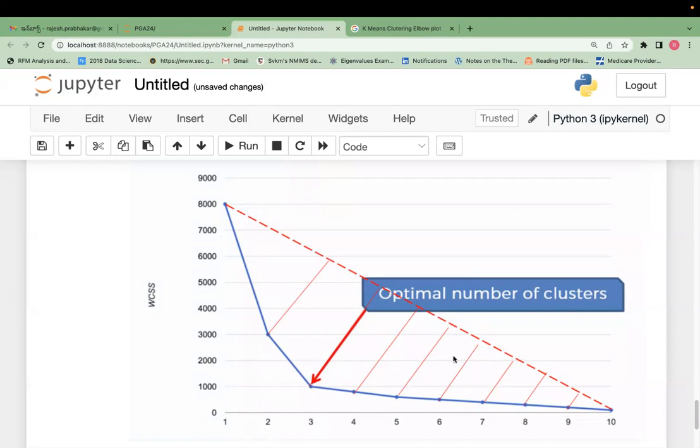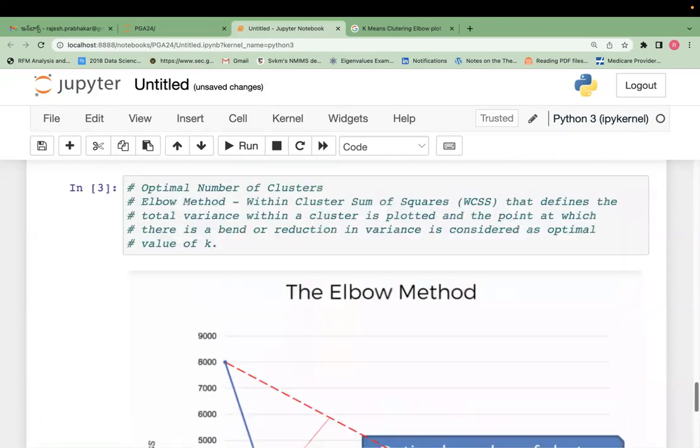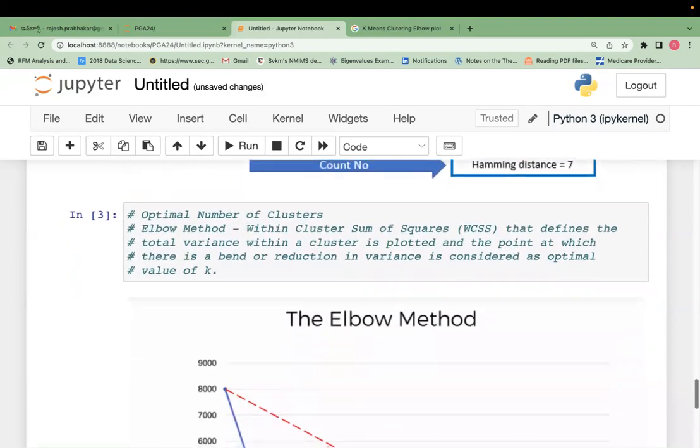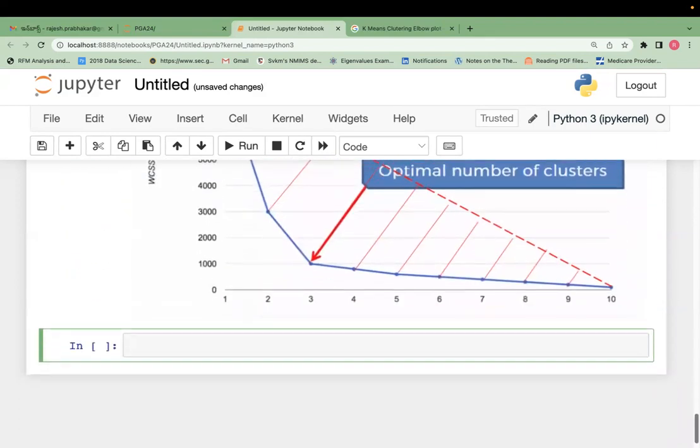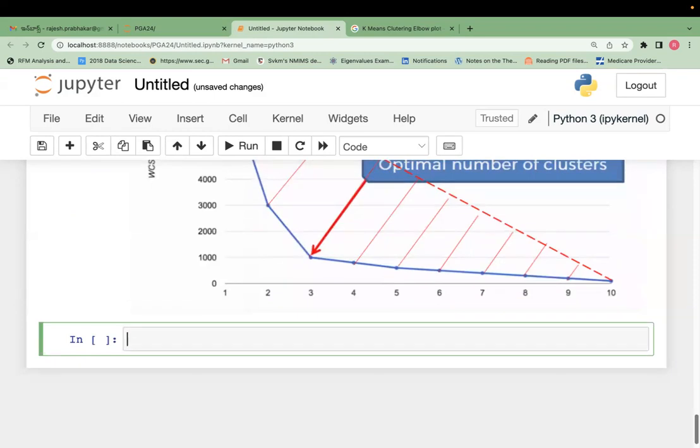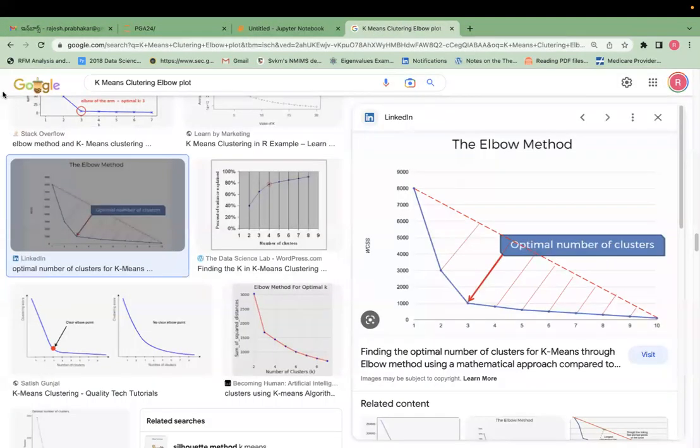Okay. Now, there is one more metric which we use in clustering. If you are still in confusion whether the clustering is good or bad, or you want to check whether your cluster formation is good or not, we have something called the Silhouette score.